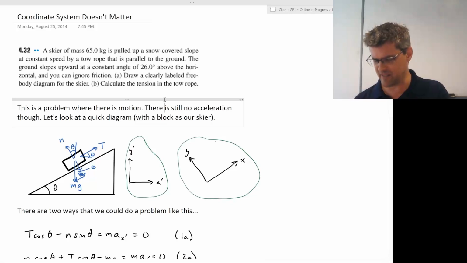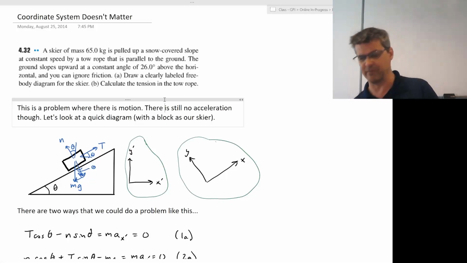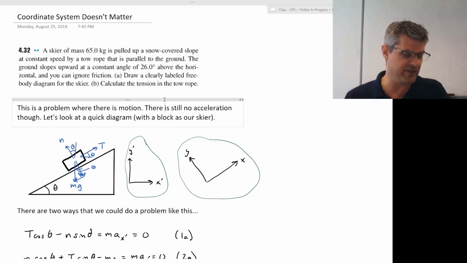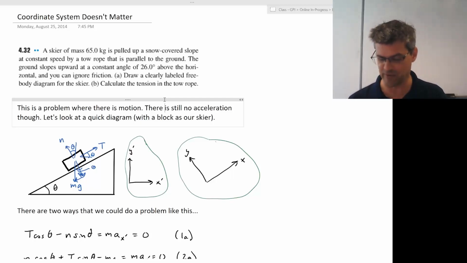We've got a skier of a particular mass being pulled up a snow-covered slope, okay, at a constant speed by a tow rope that is parallel to the ground. The ground slopes upward at a constant angle of 26 degrees, but we are asked to find the tension in the rope, and if we wanted to, we could find the normal force applied to the block. So I'm going to sketch this problem here first.